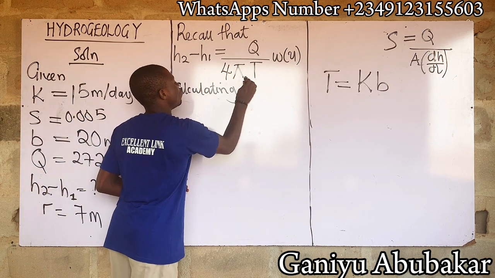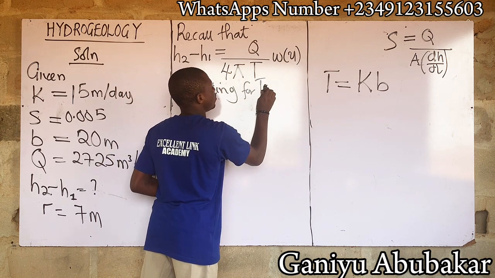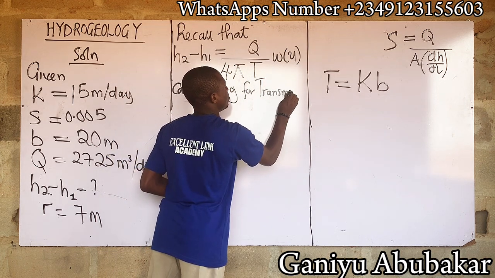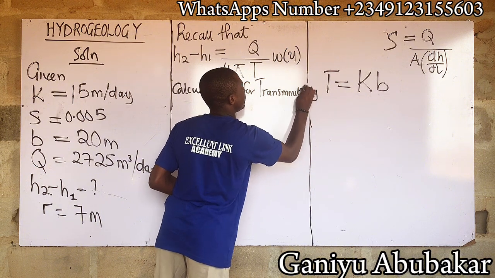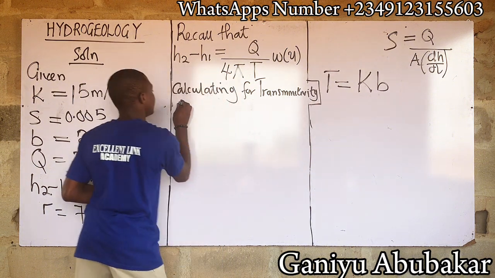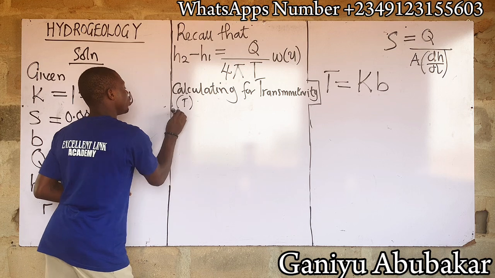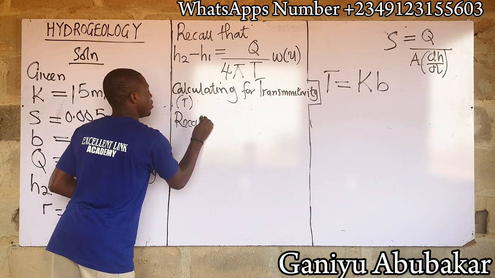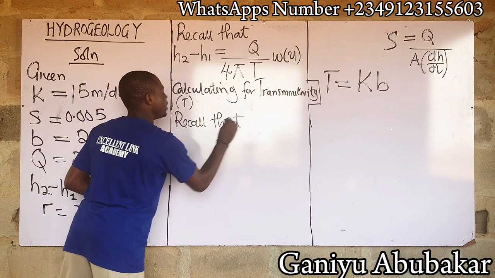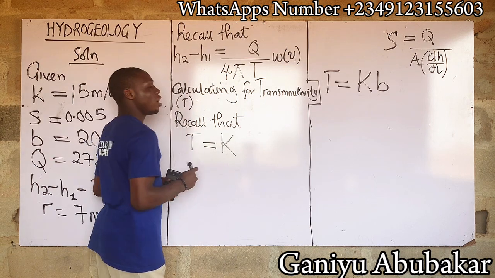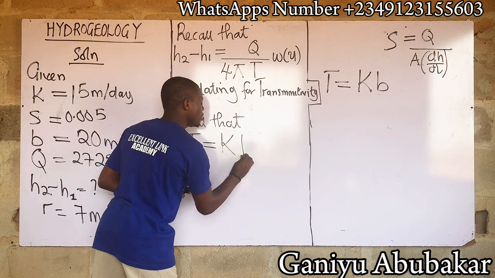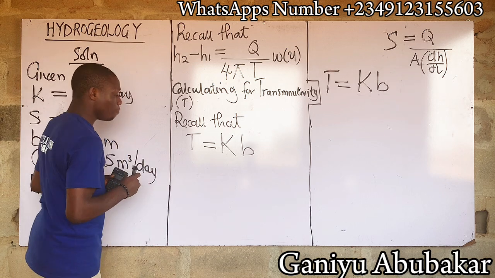Calculating for transmissivity, capital T. Recall that transmissivity, capital T, is equal to the product of the conductivity times the thickness of the aquifer.